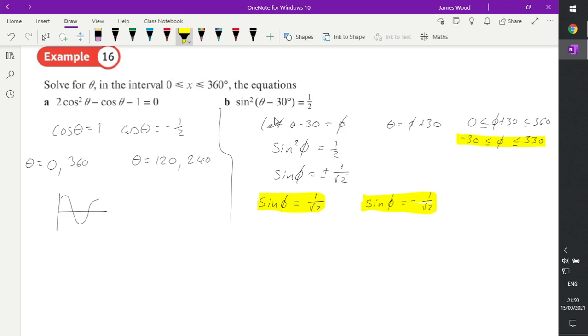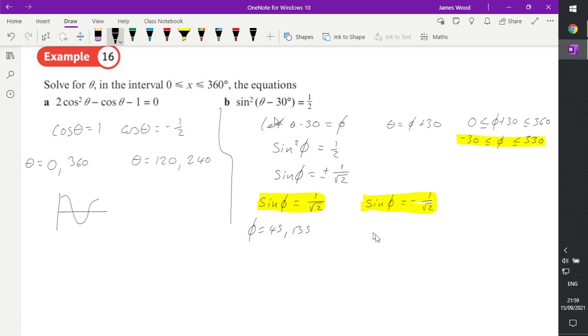So inverse sine of 1 over root 2 is 45. And then 180 minus that, 135. And then to get the next pair, 45 plus 360, 405, that's going to be outside my limits.